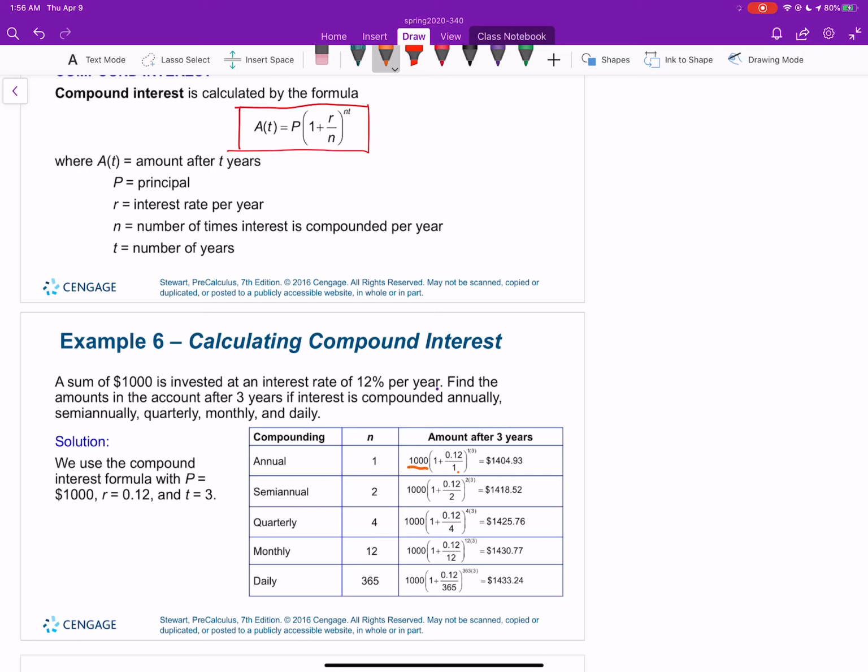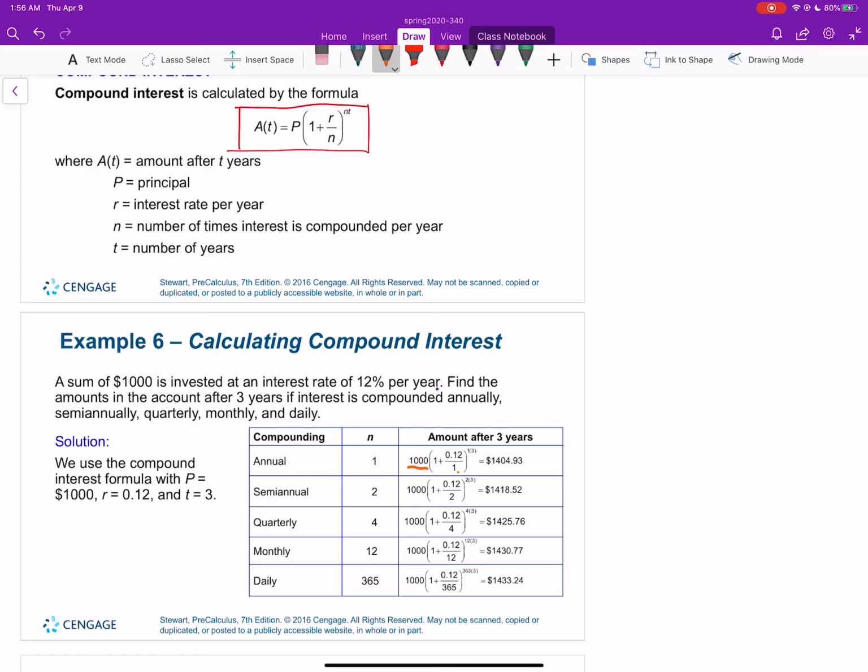So it's 1 times 3 years. If you want to compound it semi-annually, so every 6 months, you're dividing your interest rate by 2, but then you're doing this for 3 years, so that means you'll be compounding at that semi-annual rate 6 times, so the power becomes 2 times 3, which is 6.